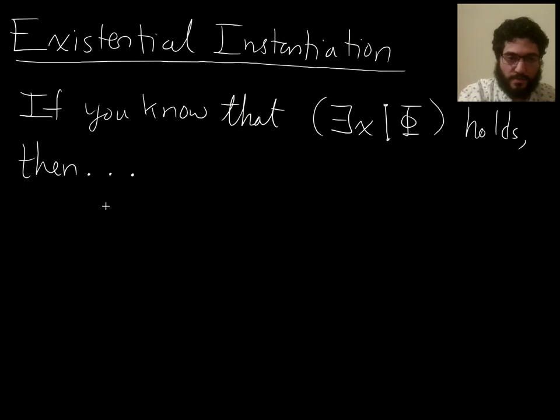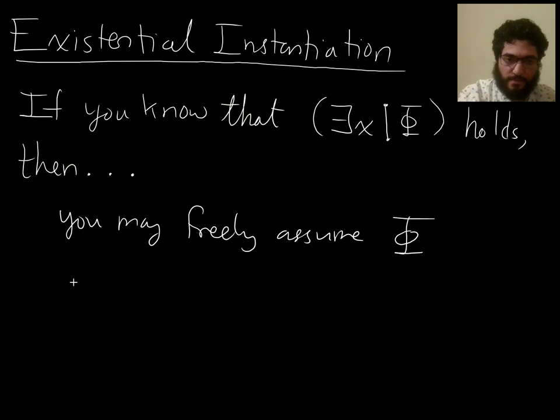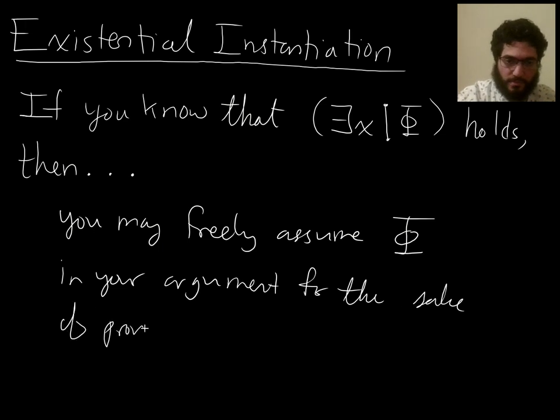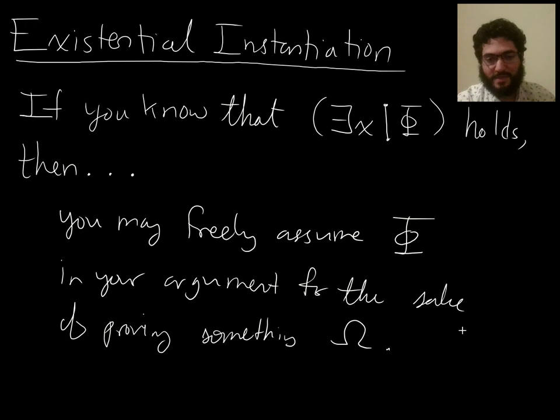What it allows you is, you may freely assume phi in your argument for the sake of proving something else, like omega, whatever it is you're trying to prove.